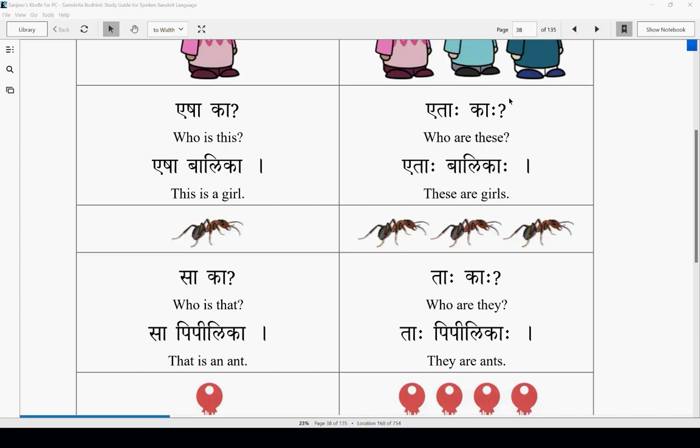Other examples ending in Dirgha in Strilinga? Anybody? Droni, okay. And many, like your names also could be there. Many with A, E, like Sujata, Subhasri.